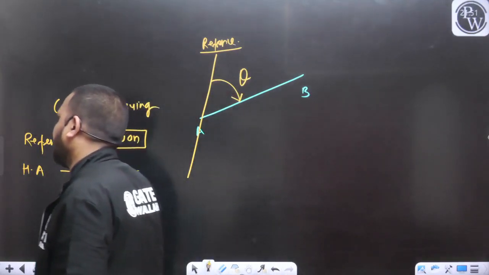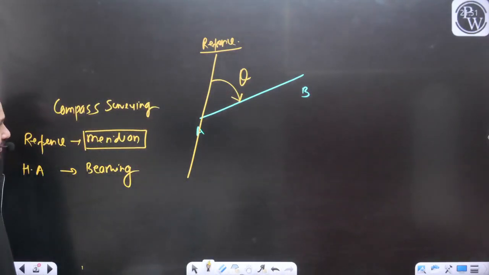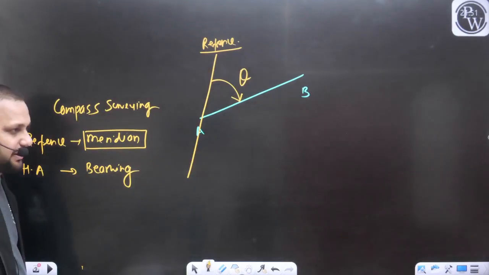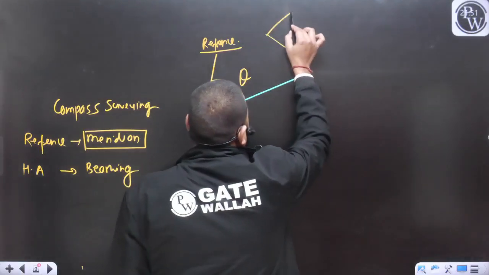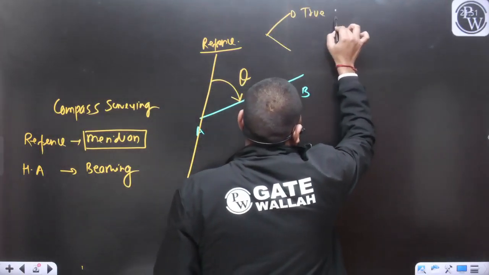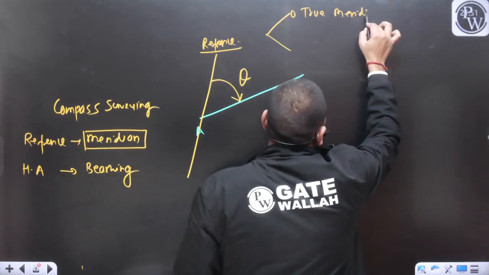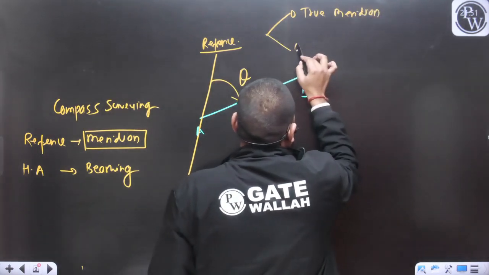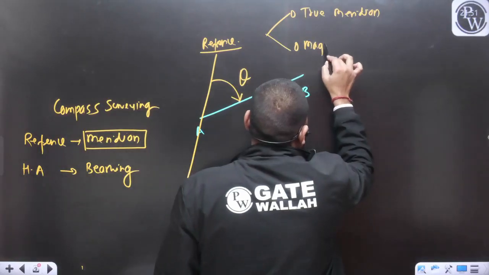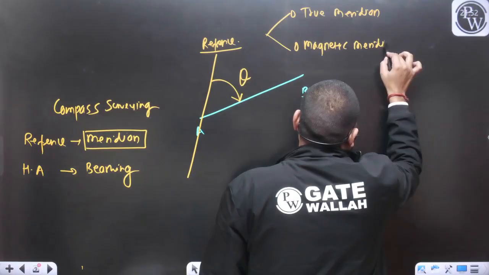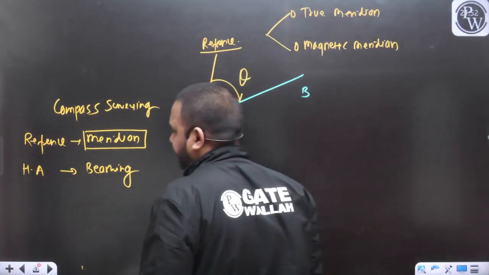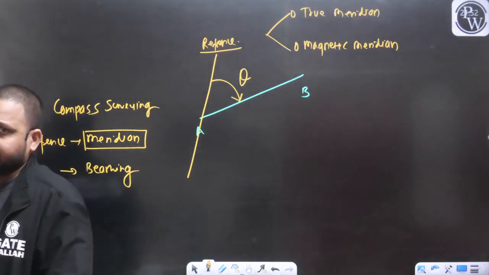So there are two types of references, or you can say there are two types of meridian. One is going to be your true meridian and another is going to be your magnetic meridian.